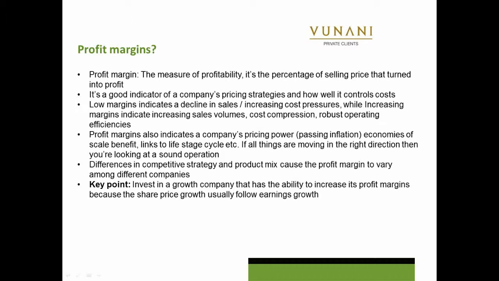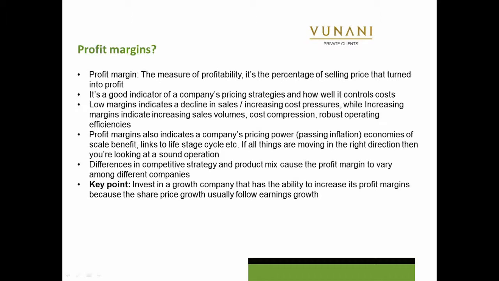It's a good indicator of the company's pricing strategies as well as how it controls costs. So a company that's able to contain its costs but increase its sales, sell to larger customers, price higher and still sell more will definitely report a strong profit margin number. That should immediately tell you that this company is doing well, and that will definitely have an influence on how it should trade going forward.